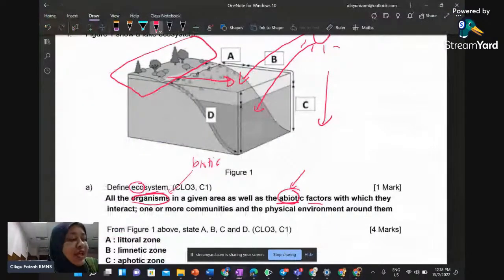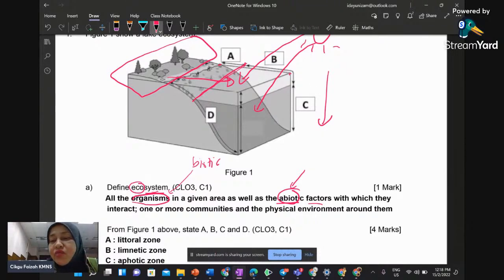Muka surat 7, littoral zone and limnetic zone. So A ni ialah littoral zone, from the shore to the depth here. Daripada littoral start sampailah kat ujung ni. If we look at the 3D, B will be the limnetic zone.